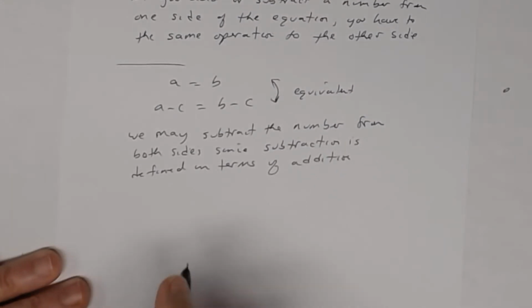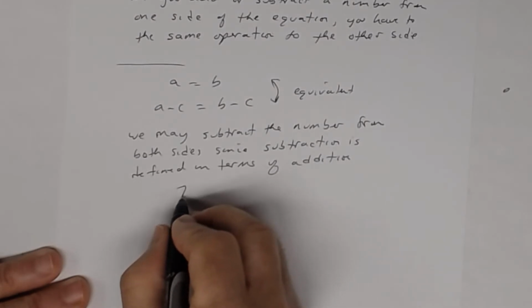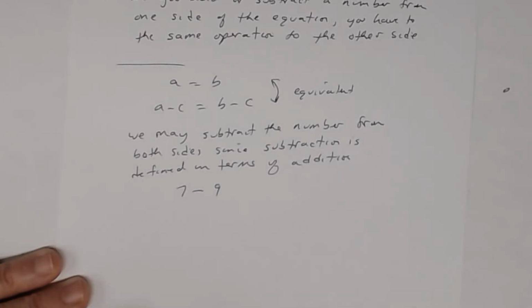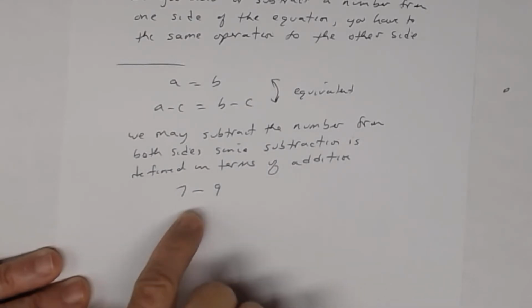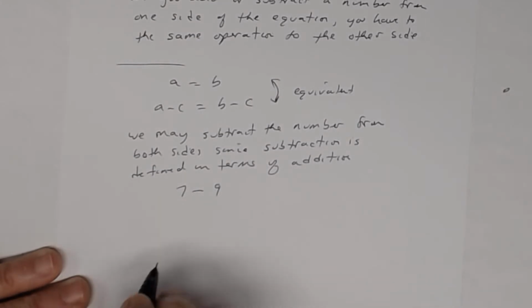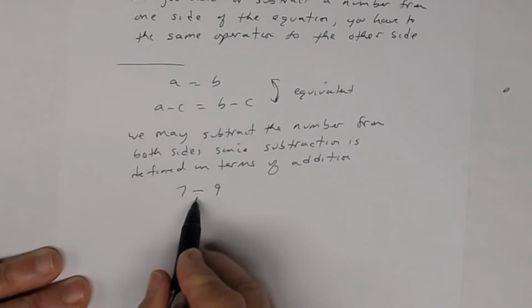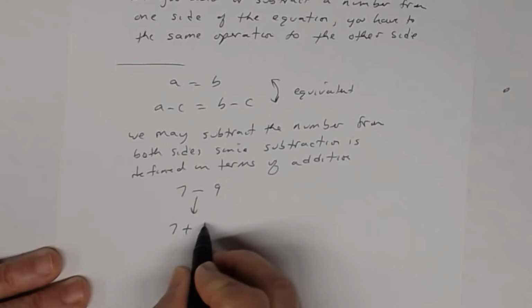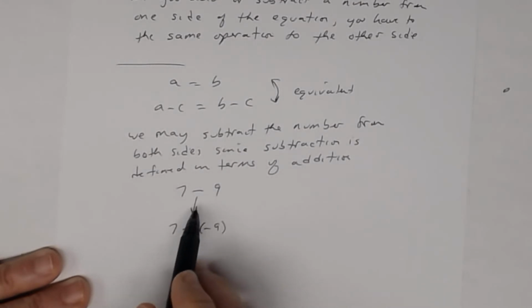Okay, so for example, we all know that if I have the statement 7 minus 9, 7 subtract 9, see I use the word subtract, we can rewrite subtraction as an addition problem like this, 7 plus a negative 9, right? So these two statements are equivalent. So we can write subtraction in terms of addition.